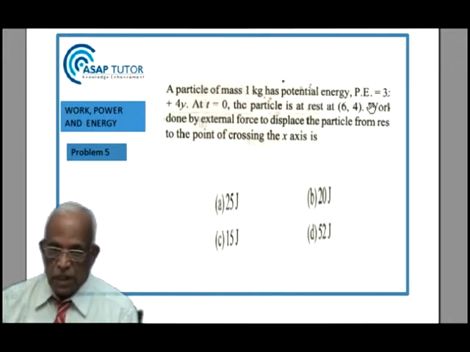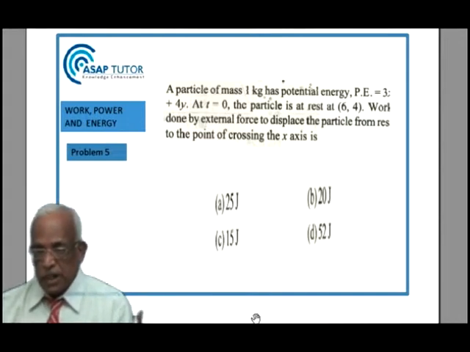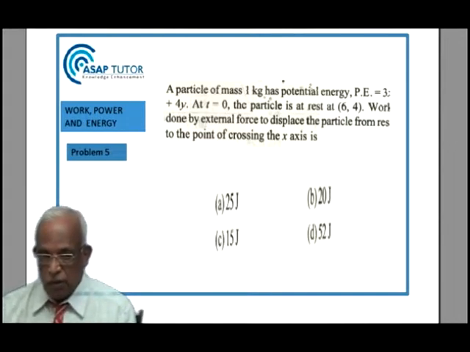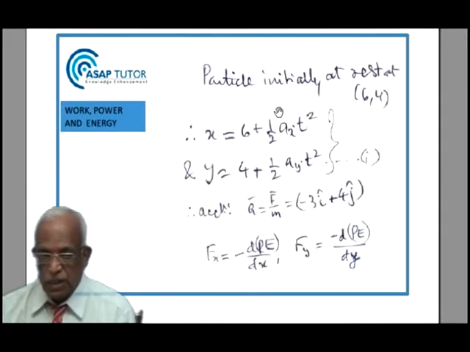A mass of 1 kg, potential energy Pe of 3x plus 4y, at t equal to 0 the particle is at rest at 6,4. Work done by external force to displace the particle from rest to the point of crossing the x-axis. When it crosses the x-axis, realize that y is 0, so that gives me the condition.